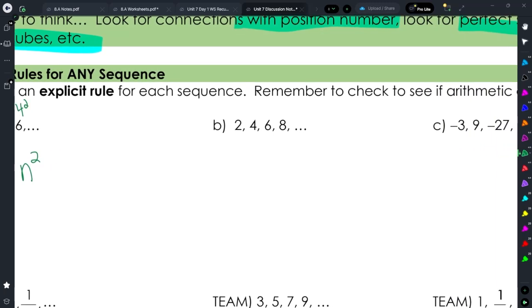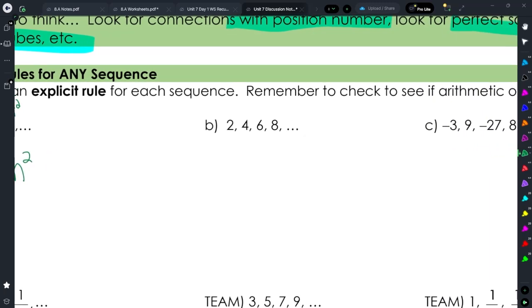Okay, so now for letter B, I see that it's 2, plus 2 is 4, plus 2 is 6, plus 2 is 8. So that tells me it's arithmetic, and I'm adding 2 each time. Now remember, for arithmetic sequences, you have to find that b value or that y-intercept.